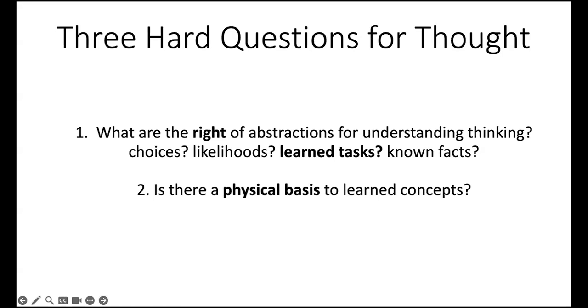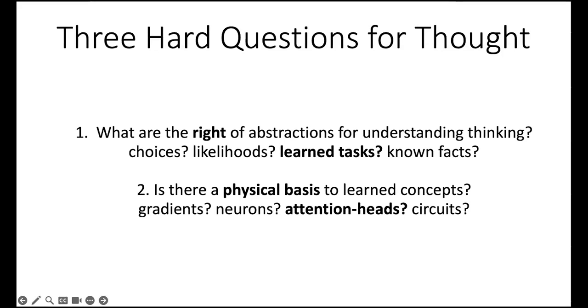And then you can ask, even if you understand things in the abstract, like on an information theory basis, is there a physical basis to how things seem to work? Can we actually go and find neurons that do things, or are things just very diffuse? Should we think of things more like the way physicists think about pressure and temperature, which are big, massive effects rather than things about individual components?